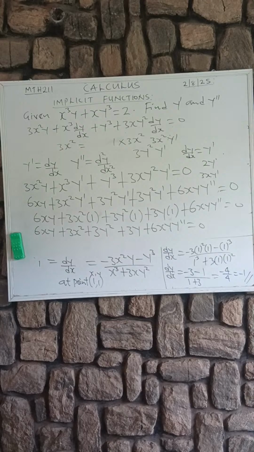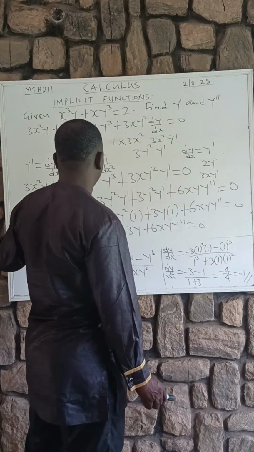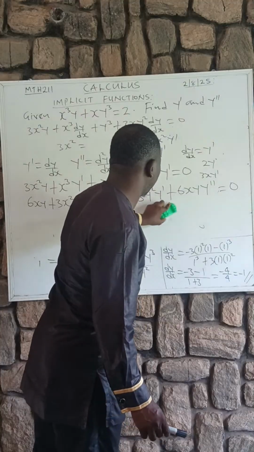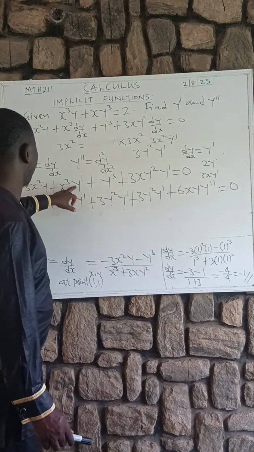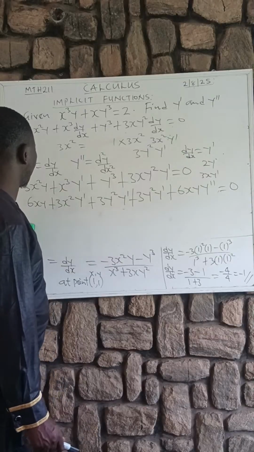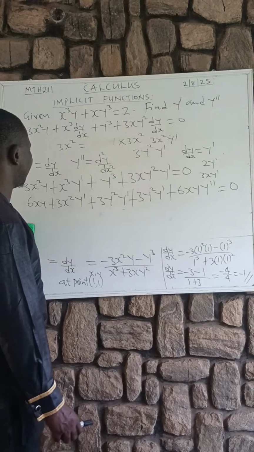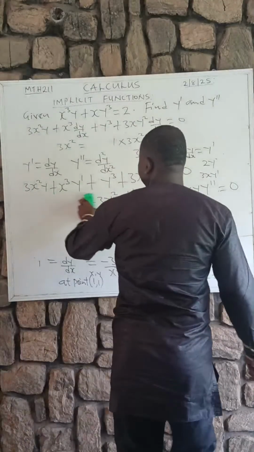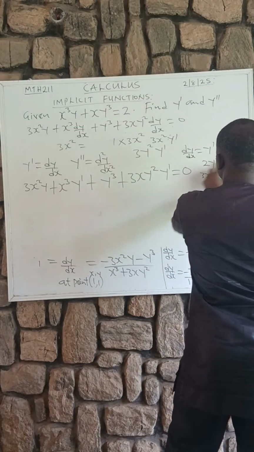Oh, I think there is a mistake here. Sorry. There is a mistake here. We are supposed to differentiate this to give us y prime. Okay, anyway, I've opened your eyes.